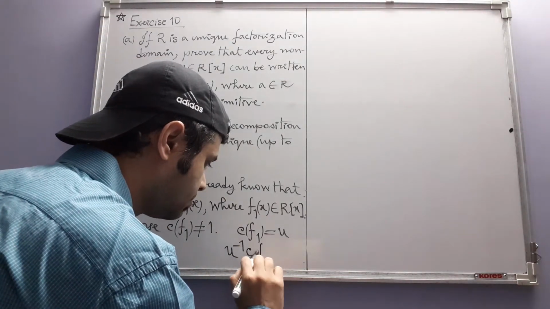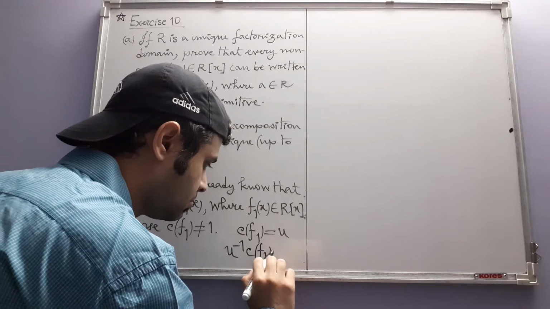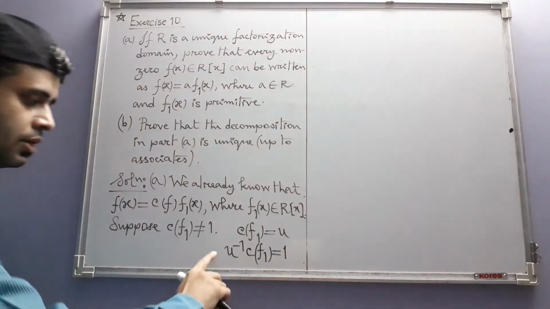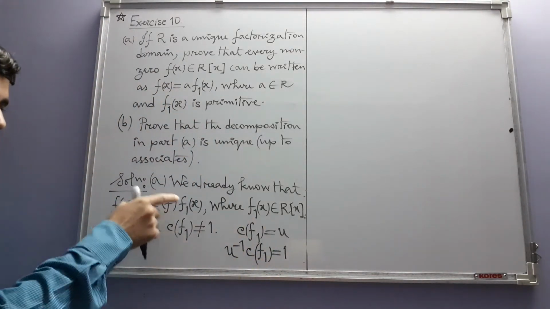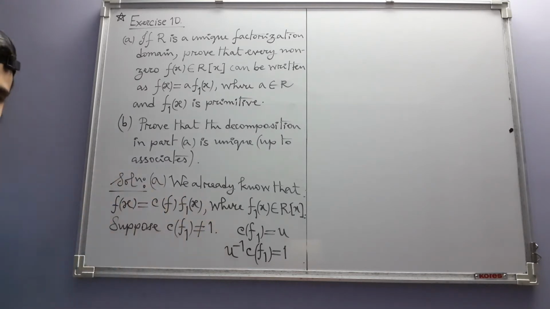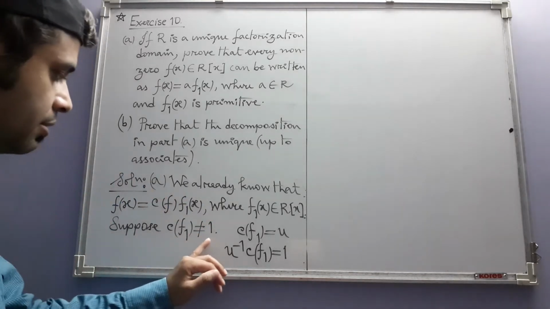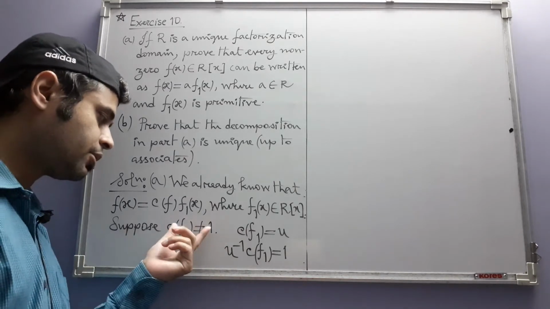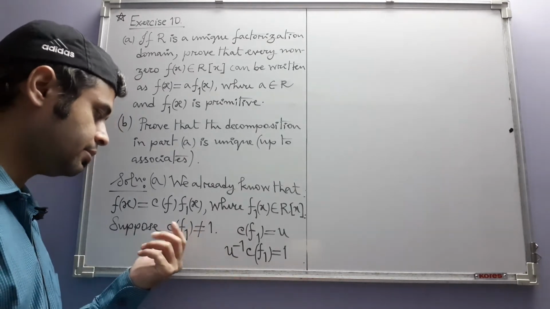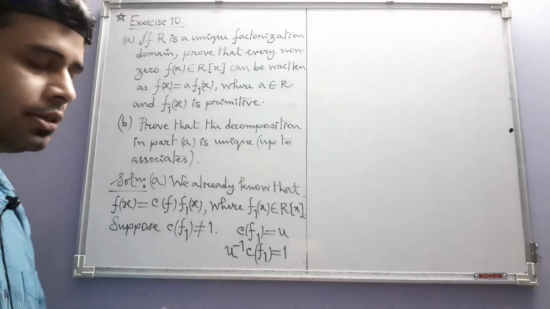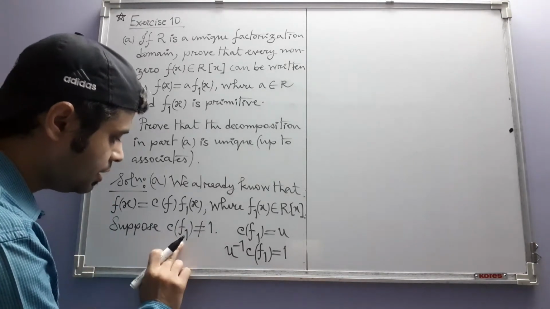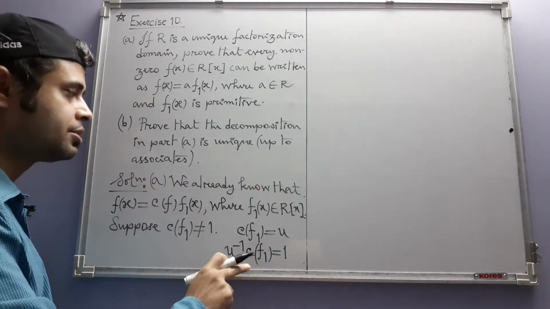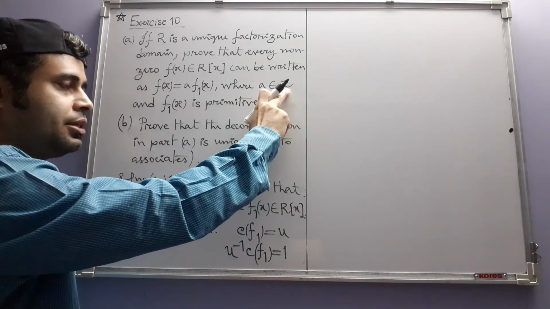You then get the statement that 1 is the GCD of f1(x), which contradicts this supposition. So the supposition that this is not equal to 1 also means that this thing is not a unit. So that means this c(f1) is a non-zero, non-unit element in R.